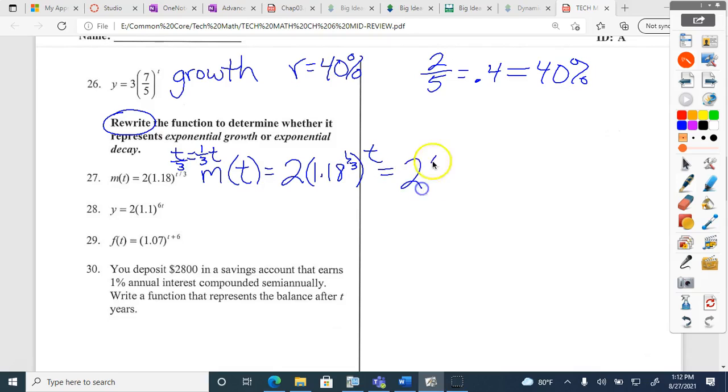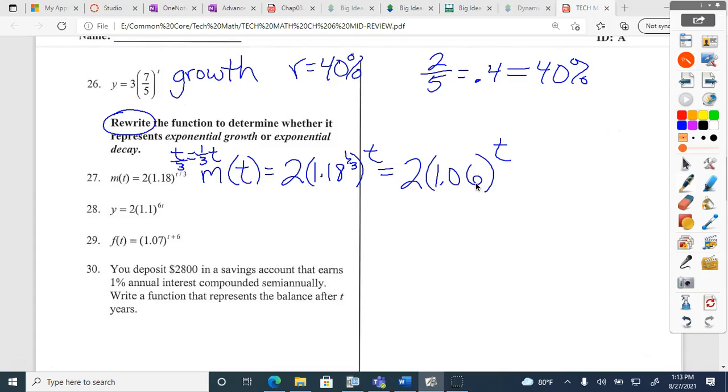And now you can simplify what is 1.18 to the 1/3 power. I got 1.06, rounding to the nearest hundredth. Let's see what they did in the back. Yeah, they did the same thing. 1.06.